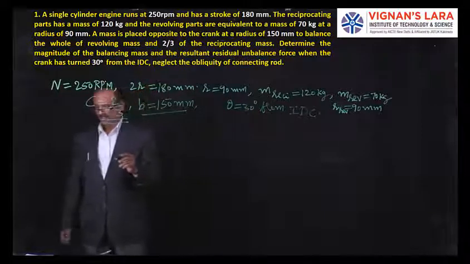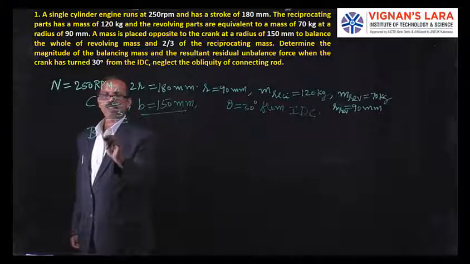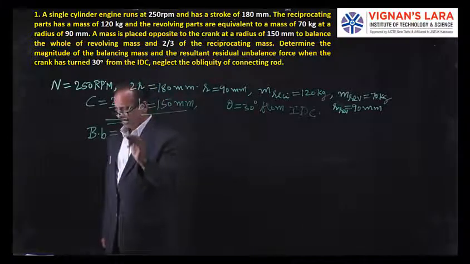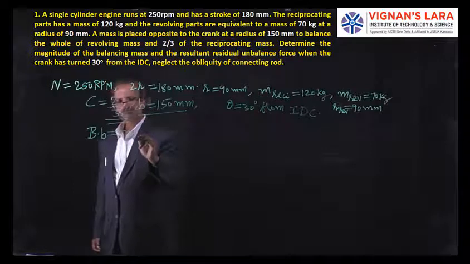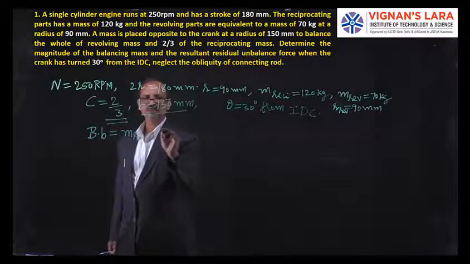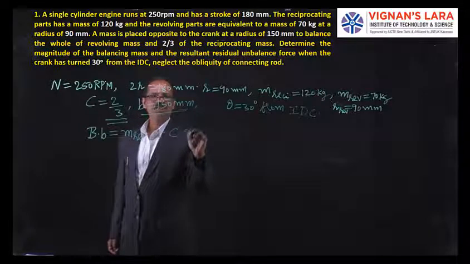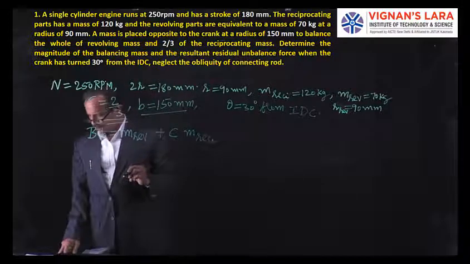Okay, so we know that the mass which is kept at a distance of b is equated to M revolving plus C times M reciprocating, into r.